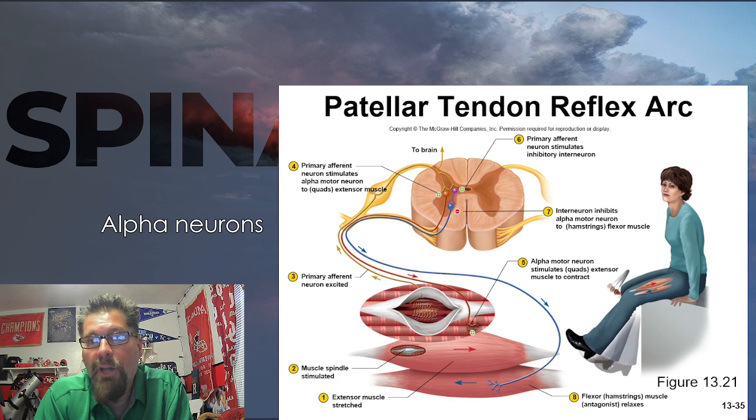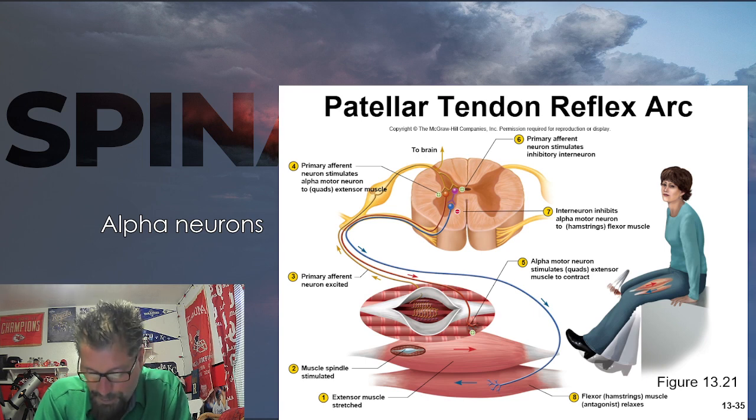You can see that it goes into the gray matter, the decision is made, and then right back out the posterior root and right back to whatever muscle it needs to be. So the part that's left out of the decision-making process is the brain. And you may be saying, well, I can see the words 'to brain' up there. Yes, the brain does get a report about what happened, but it's not part of the decision-making process of what's going on.